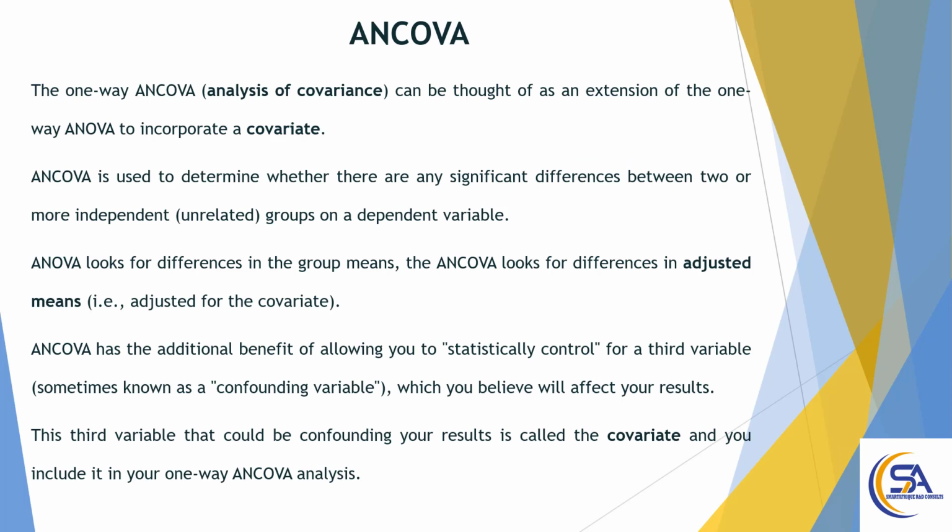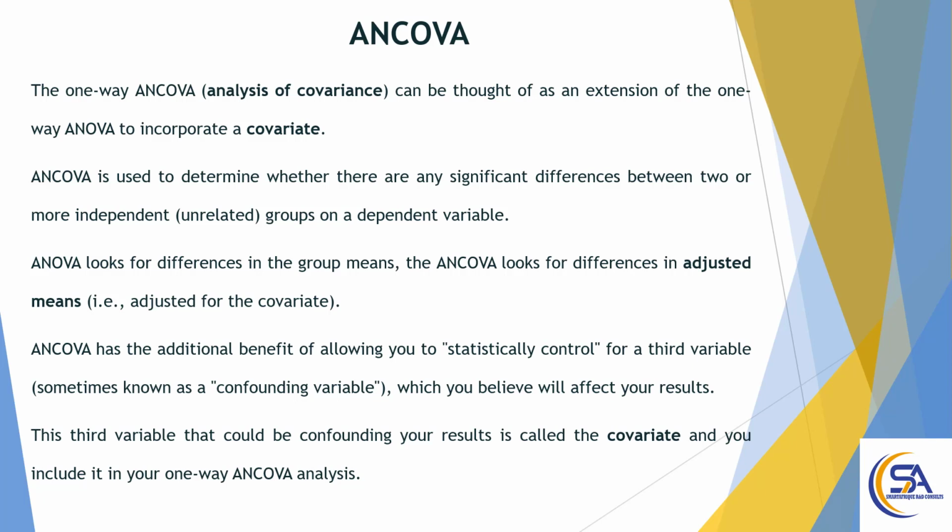Then analysis of covariance. One-way ANCOVA, that's analysis of covariance, can be thought of as an extension of one-way ANOVA, but it incorporates a covariate. ANCOVA is used to determine whether there is a significant difference between 2 or more independent, unrelated groups on a dependent variable.